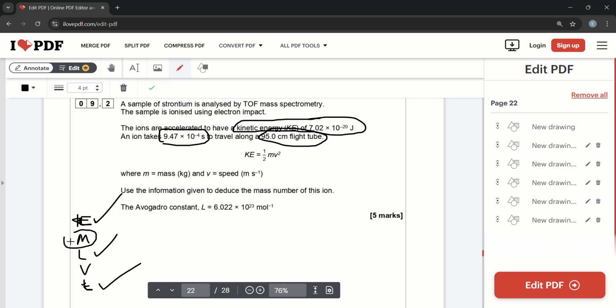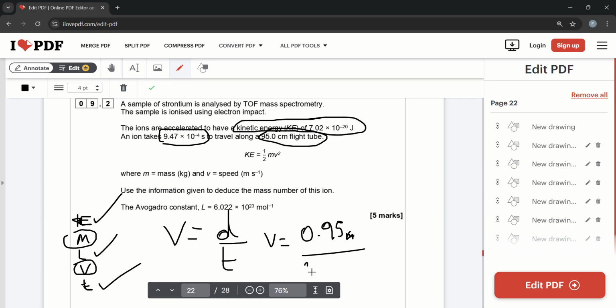What are the two unknowns? Mass and velocity. Well, we can quite easily find out velocity. Velocity is distance over time. Velocity is equal to distance, 95 centimeters, divided by 100 in meters, 0.95 meters, all over the time, which is 9.47 times 10 to the power minus 4.